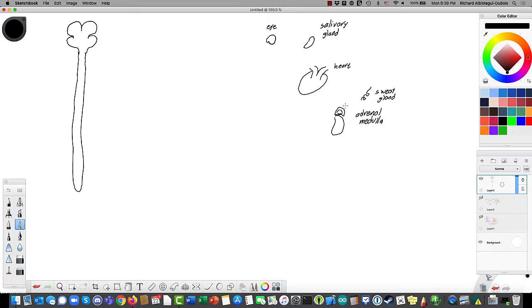That is specifically this part here in the middle of the adrenal gland. And let's also include some digestive organs, so stomach and duodenum and intestines.